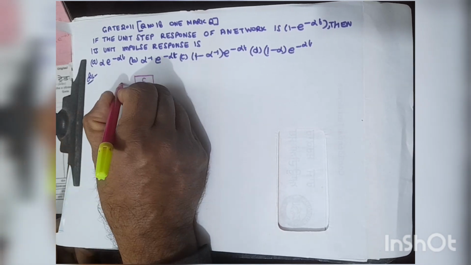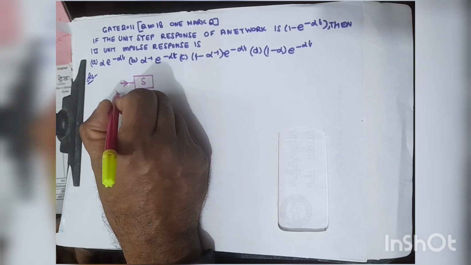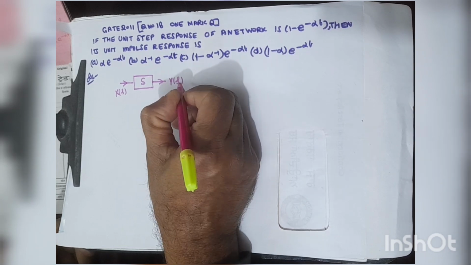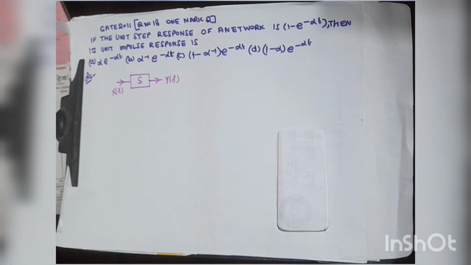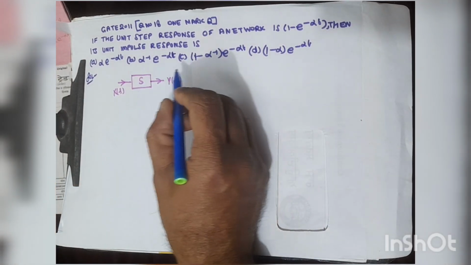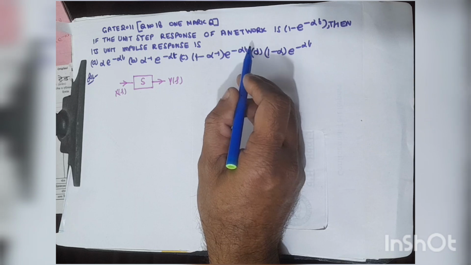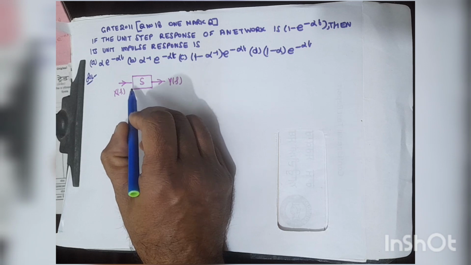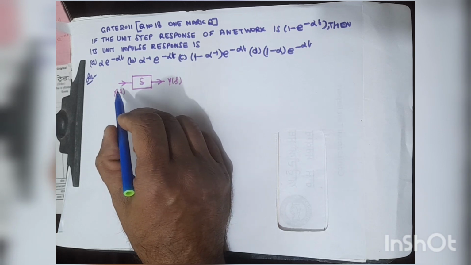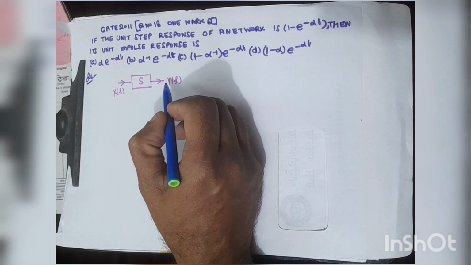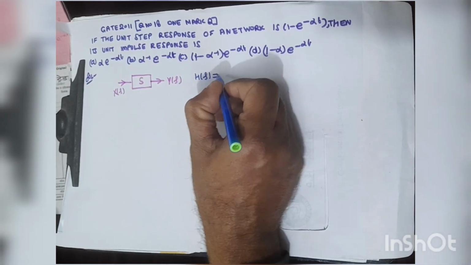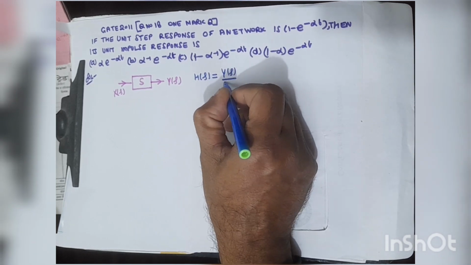X(s) is the Laplace transform of the input signal and Y(s) is the Laplace transform of the output signal. We know that if we are given a system S with Laplace transform of input X(s) and Laplace transform of output Y(s), then the transfer function H(s) is given as Y(s) divided by X(s).